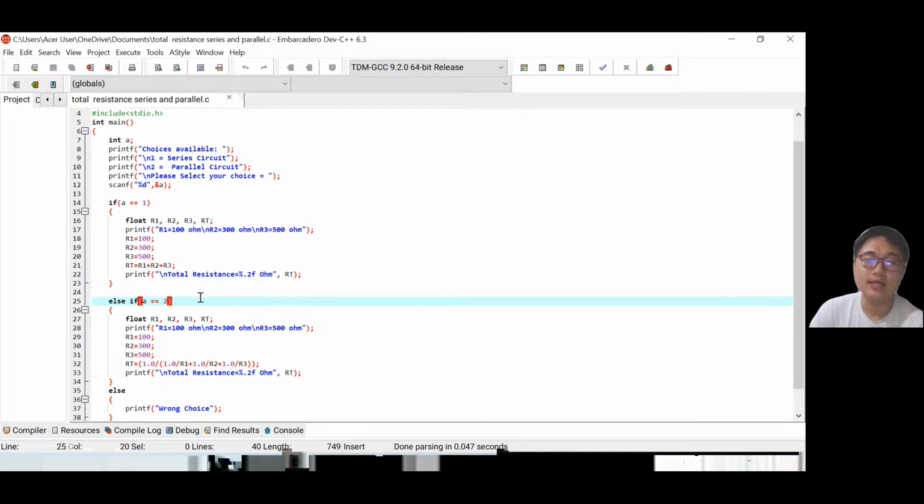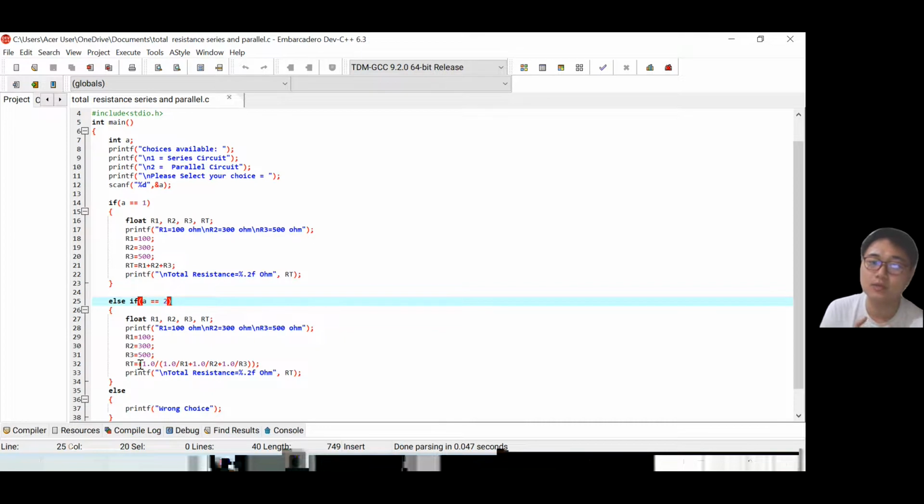Else if a equals 2, it's float R1, R2, R3, RT. The value of resistors for display is the same, while the value of resistance for calculation is the same as well.